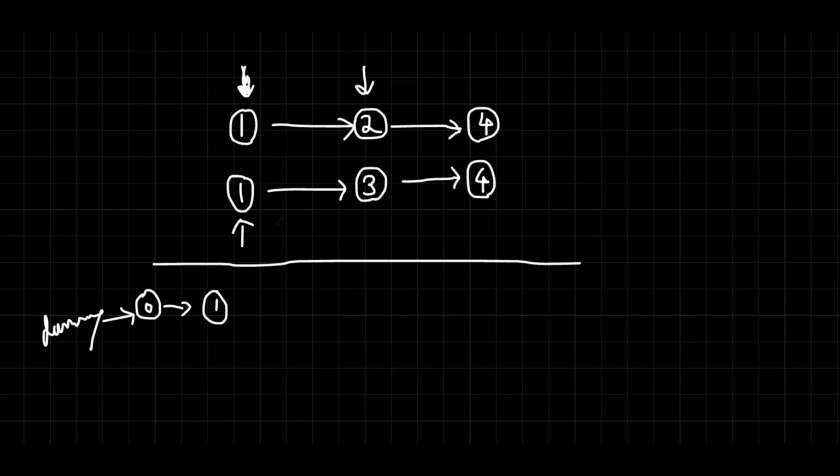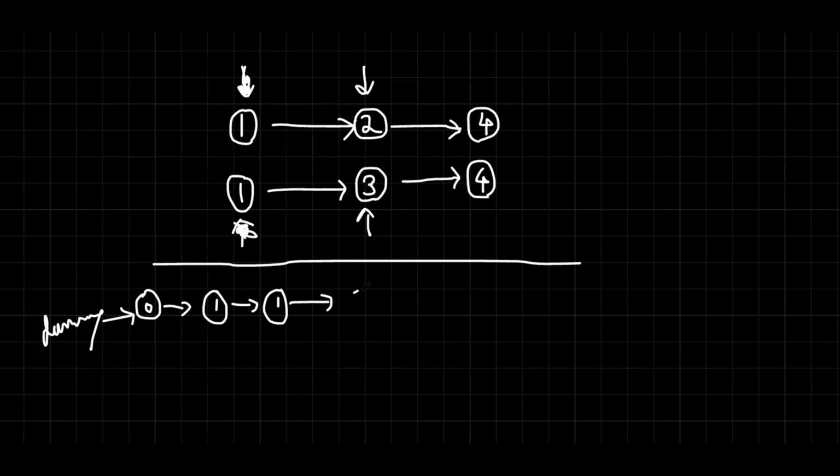Now here we can see that the first pointer value is 2 and the second pointer value is 1. So 1 is the minimum. So we have to add 1 here into the resultant list and update the second pointer. Now here we can see that the first pointer value is 2, which is the minimum compared to the second pointer.